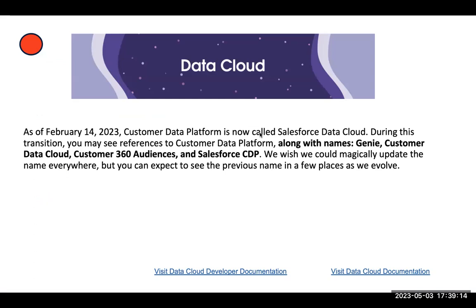As you're all aware, during the transition you may see some differences in names: customer data platform, Genie, customer data cloud, Customer 360 Audiences, and Salesforce CDP. Now Salesforce is in a complete transitioning mode, and they're going to quickly change the names. Wherever we have old names, they're going to turn to Data Cloud, and don't worry about it. It's all the same platform.